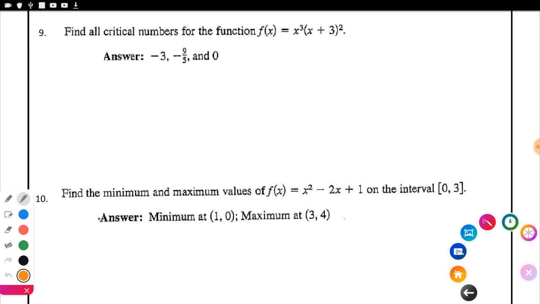Then set the value of the first derivative equal to 0 to find the critical number. Try to solve it and check the result. For finding the minimum and the maximum value, it is not included, this question will not be included in this quiz.